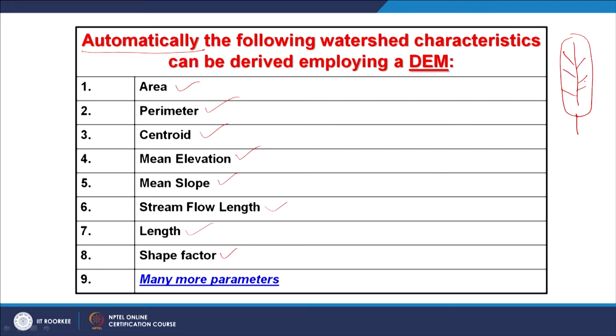If water is falling all over this catchment, then the water which falls here will come out first of this outlet, whereas precipitation which occurs here will come out last, because there will be lag time; water falling at different places within the basin will come out at different times.